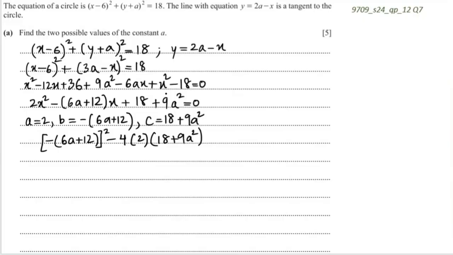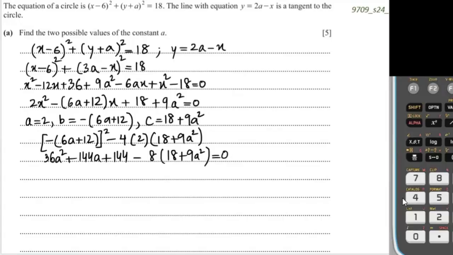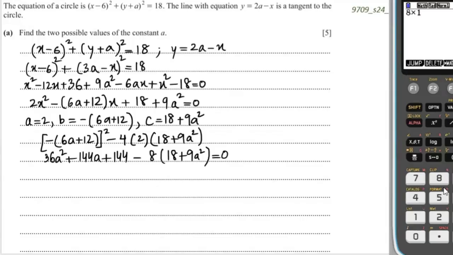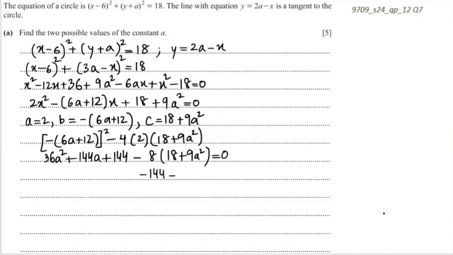So let's expand the rest. 36a squared plus 12 times 6 is 72, and if you double 72, it's going to be 144a, plus 144, minus 8 times (18 plus 9a squared), which is too much to handle, but we can use a calculator, right? 8 times 18 is 144, so that's a negative 144, minus 72a squared, equals 0.